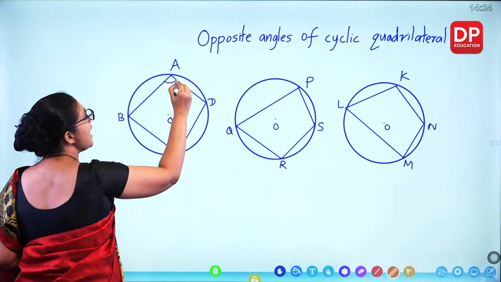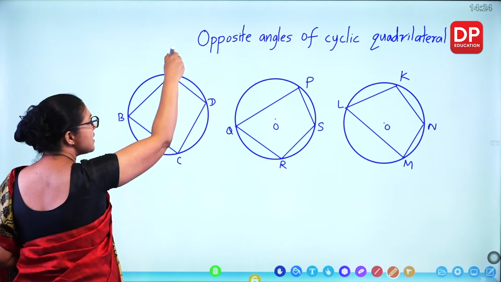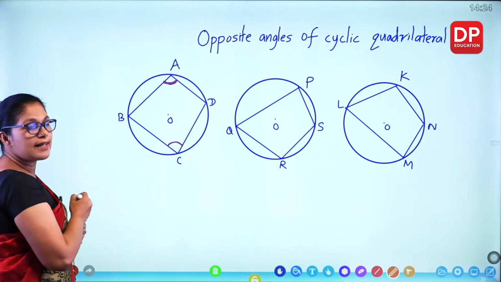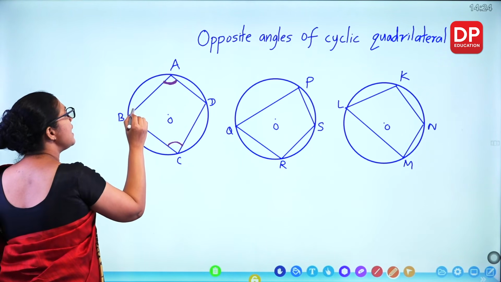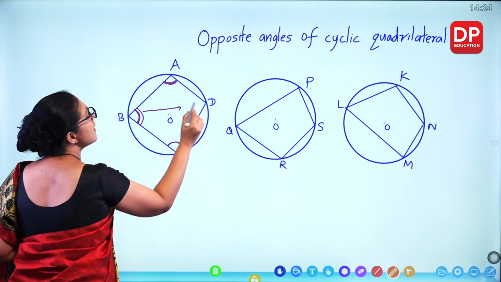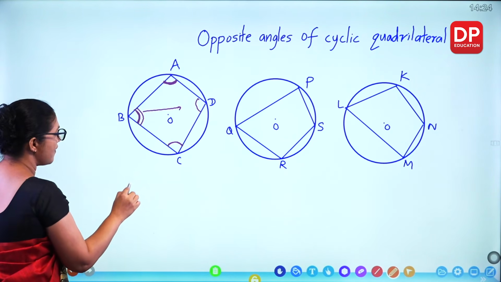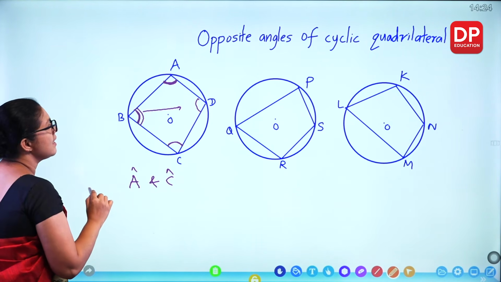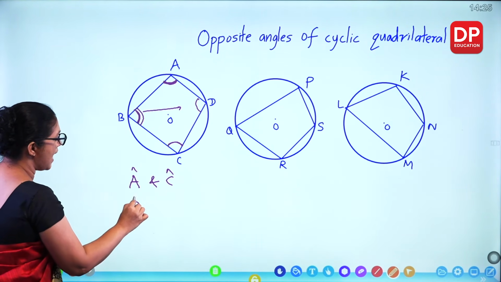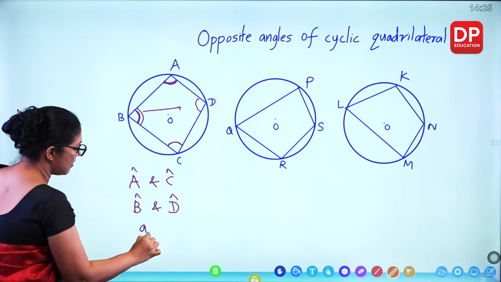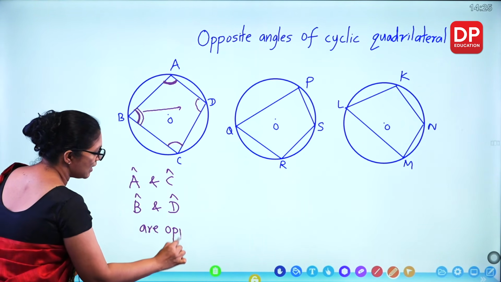If you take angle A, opposite to A is the angle C. Take B, what's opposite to B? D. So we can write A and C or B and D are opposite angles.